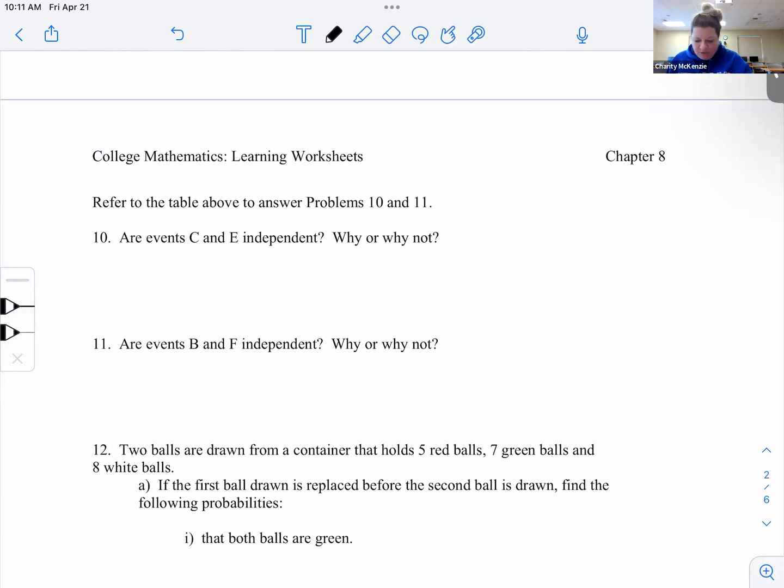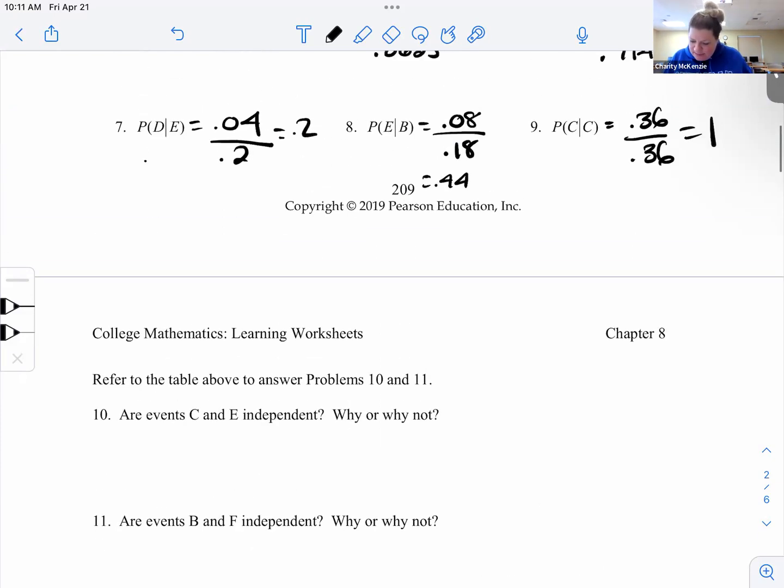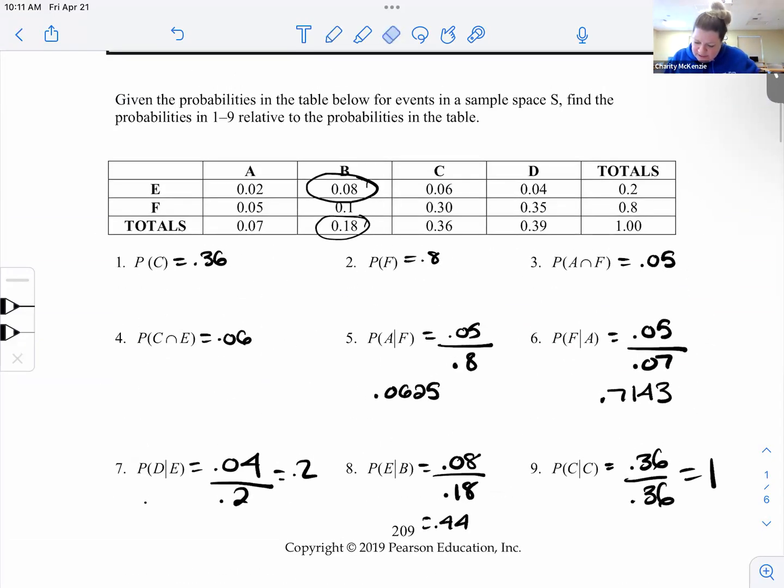Okay, refer to the table above. Are events C and E independent from each other? Why or why not? So if we look up here, we're looking at C and E. They have a place where they overlap.